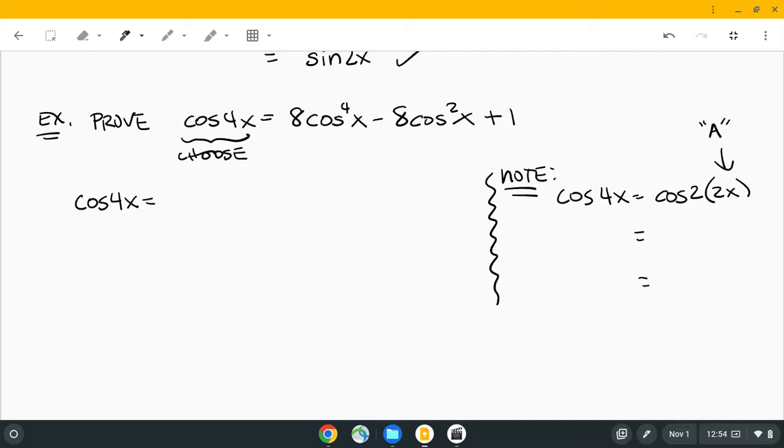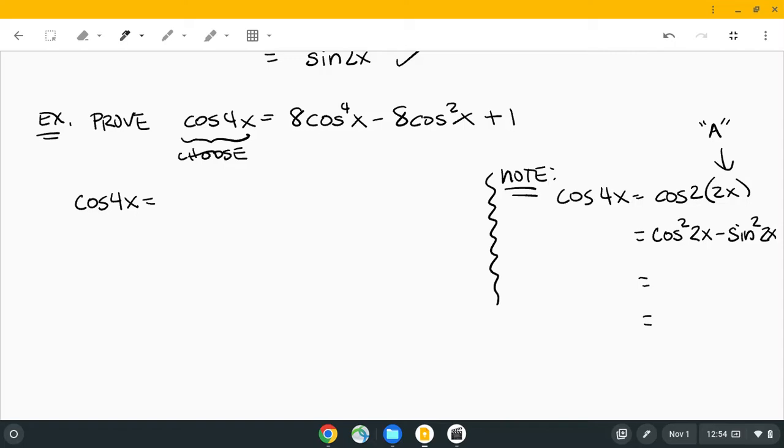We have 3 choices for cosine of a double angle. We can use cosine squared minus sine squared. Usually we put a here, but I'm going to write 2x, and the same thing here. That's our first choice of formulas.